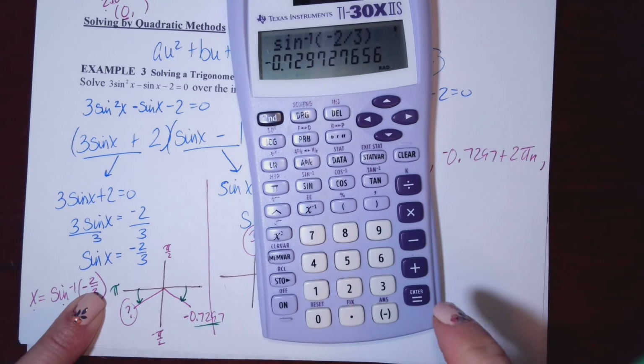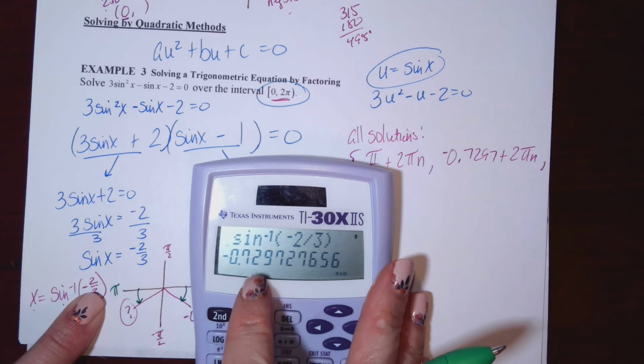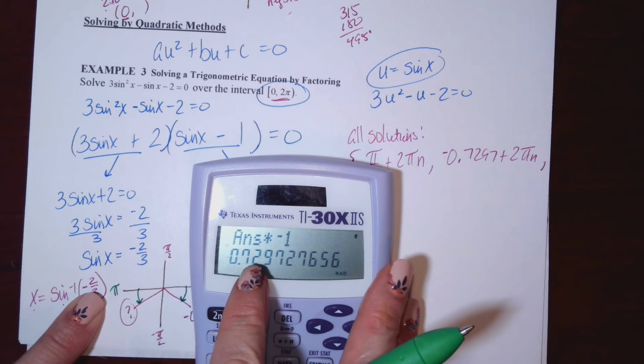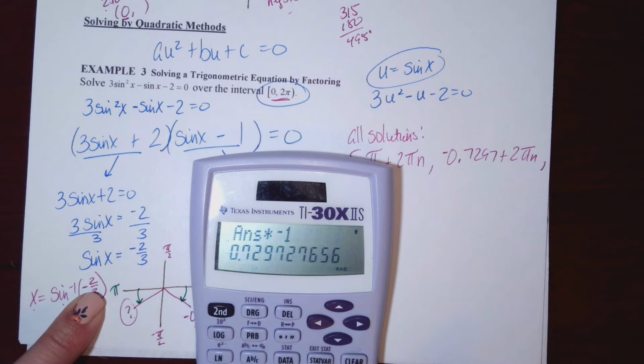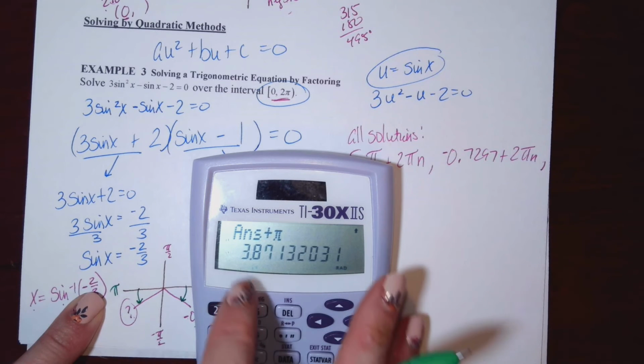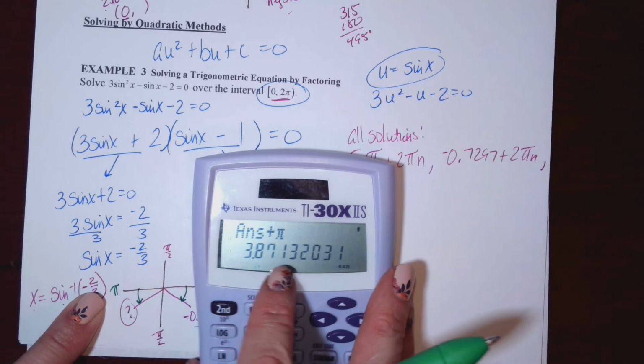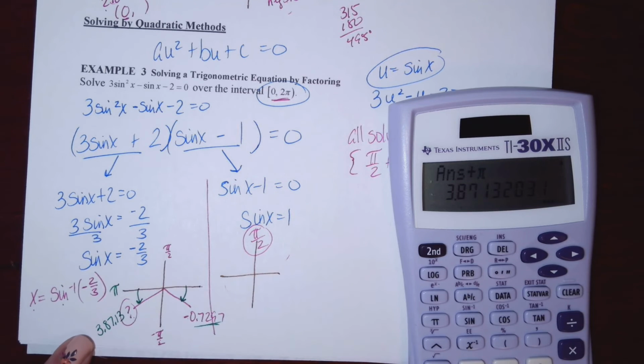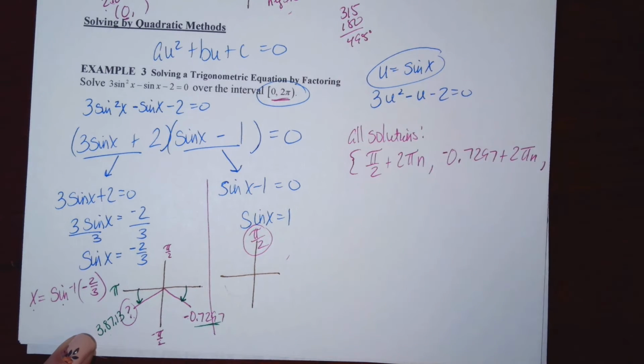So I'm not going to round here. Let's multiply this times a -1 to make it positive, and add pi. 3.8713. Does that make sense? Well, pi is about 3.14, so yeah, that absolutely makes sense. That is my third starting place for an angle.